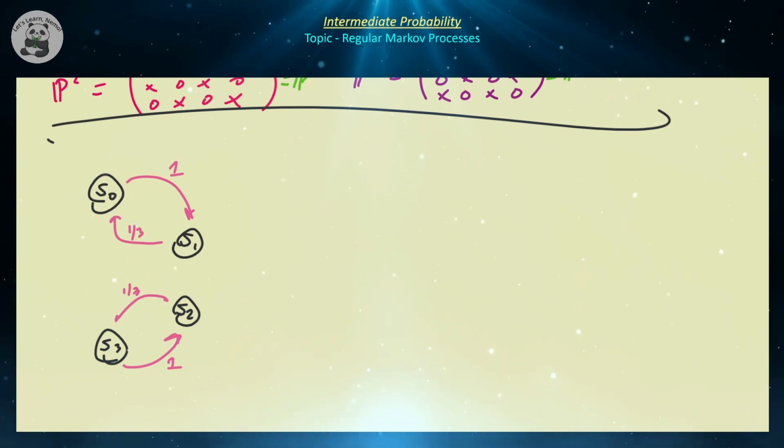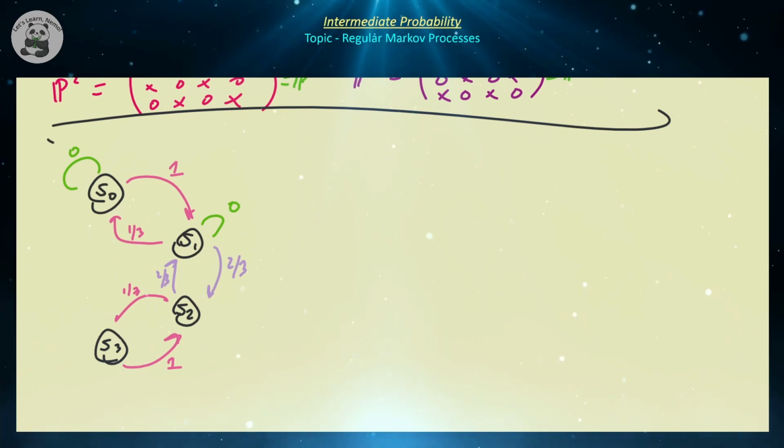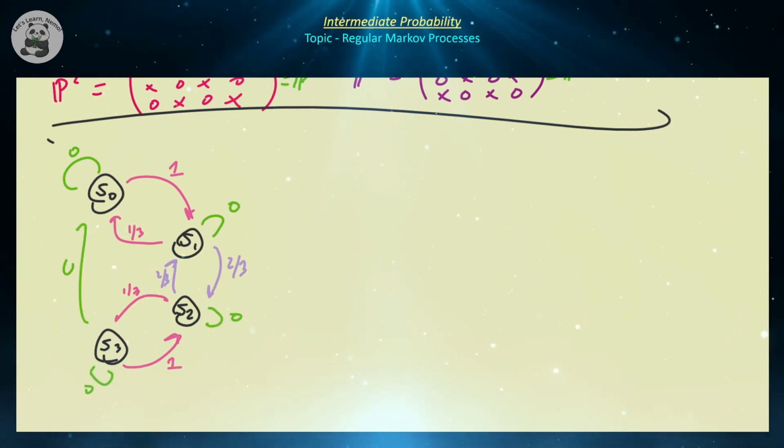And over here, we're going to have 2/3 from 1 to 2, and 2/3 from 2 to 3, and the rest of these arrows are 0. Most importantly, this is bidirectionally going to be equal to 0 as well. So it's impossible for a state to communicate with itself.